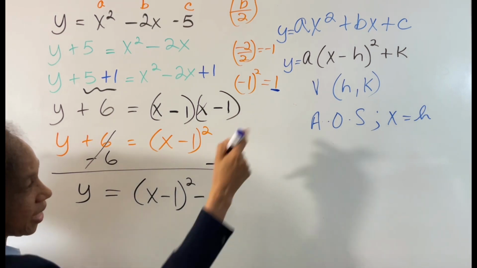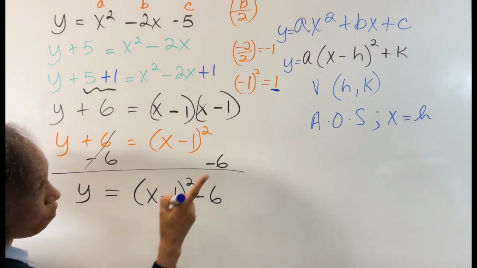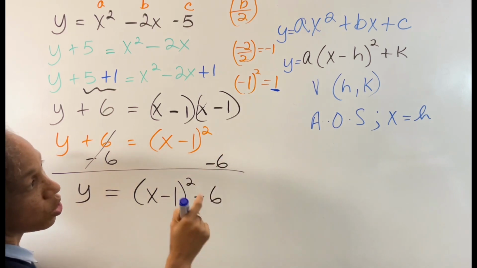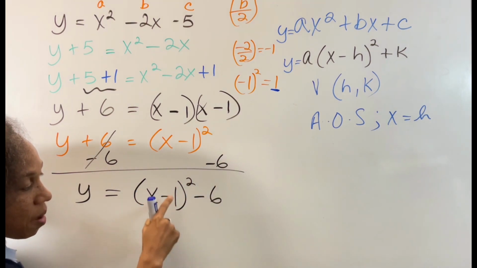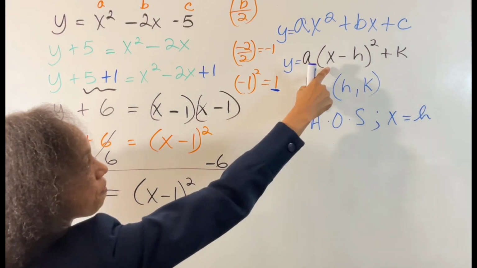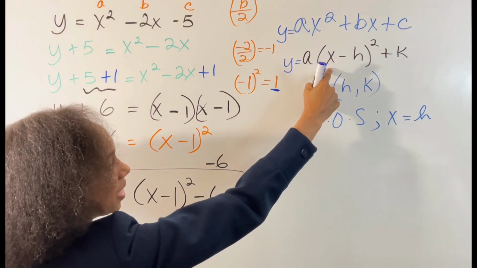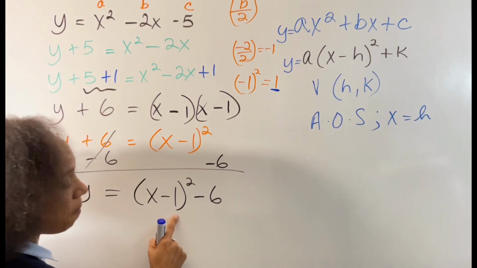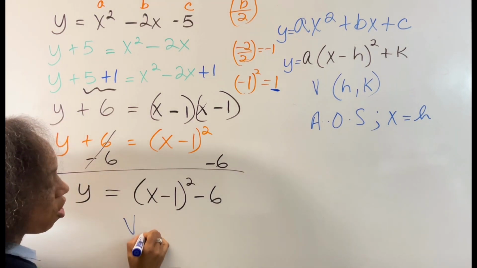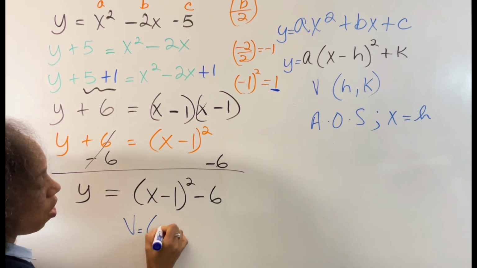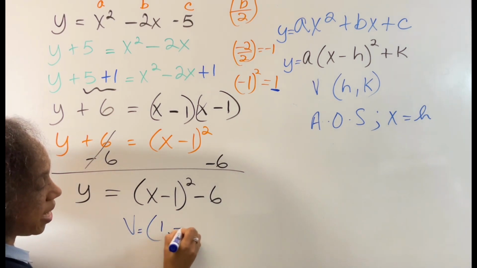Remember, my vertex would be simply v is equal to our h value and our k value. Because my vertex is in the form of a parentheses x minus h, then I'm simply going to take out this 1. So my vertex here would simply be 1, comma, negative 6.